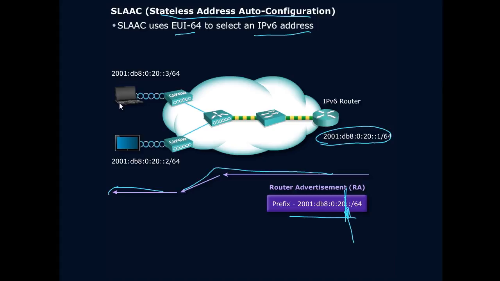And then the clients do what they want to do. They self-assign addresses based on the router advertisement. So you can see here, this laptop shows 3, this laptop shows 2. Now what happens at that point is DAD, the duplicate address detection, to make sure that no other node within this local area network from this router on down has the same IPv6 address.